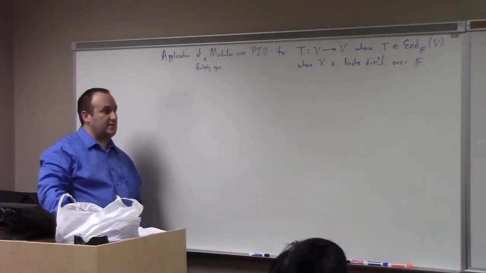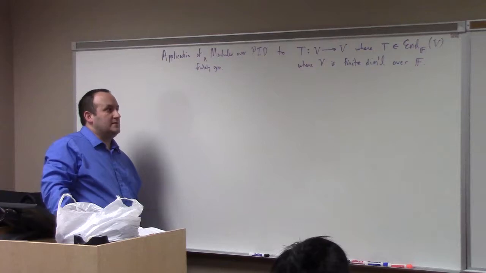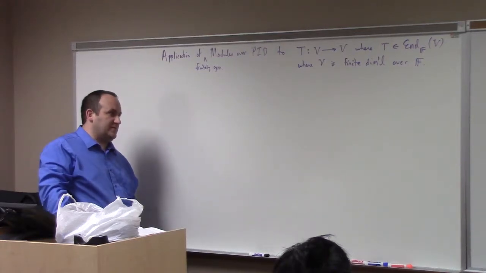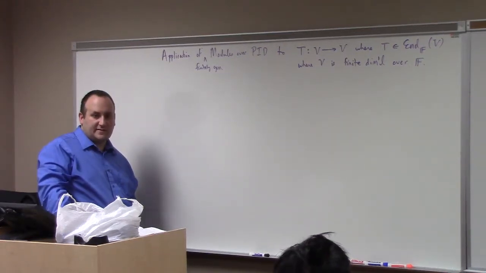So, looking at a linear transformation on a finite dimensional vector space, what can we say about that using the structure theorems that I discussed with you last time?